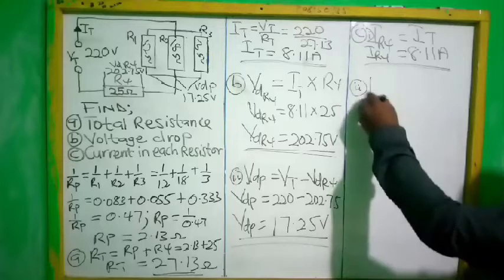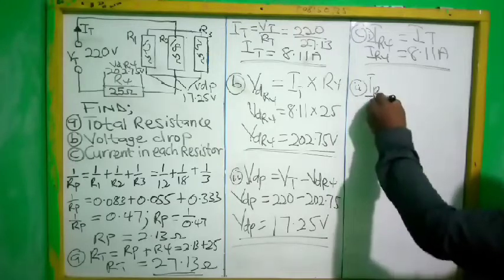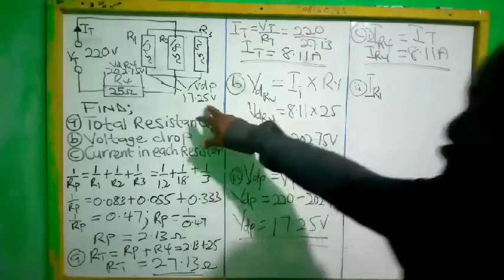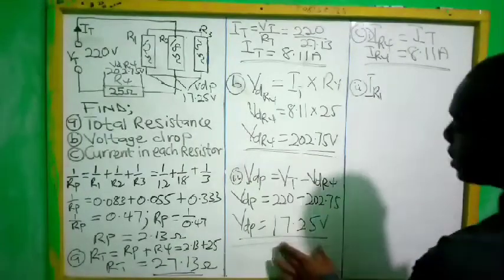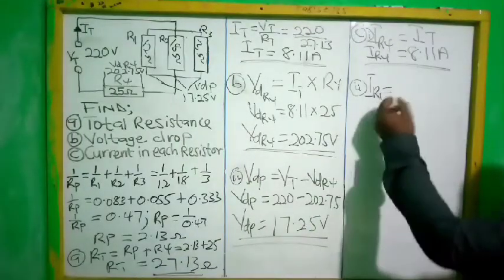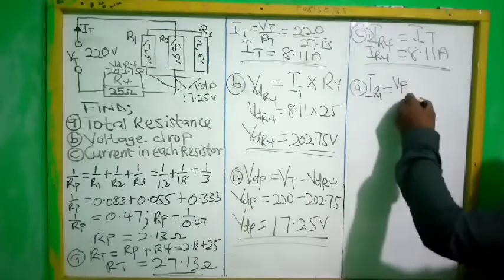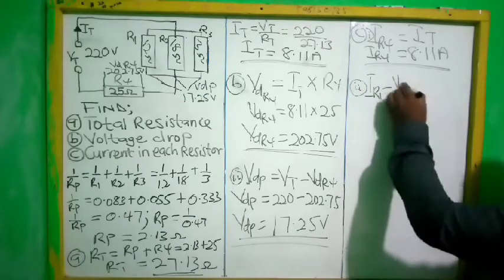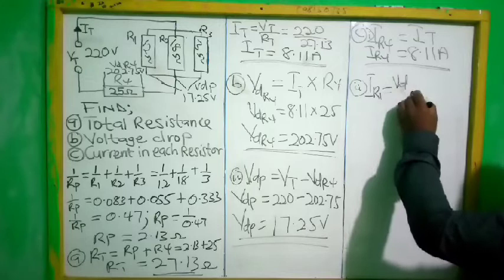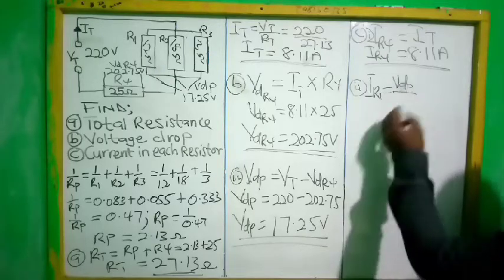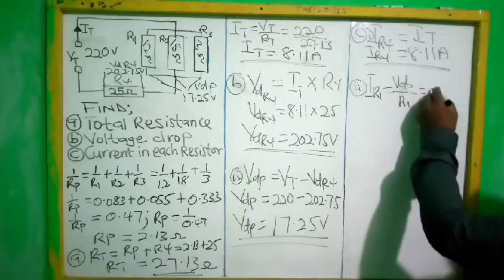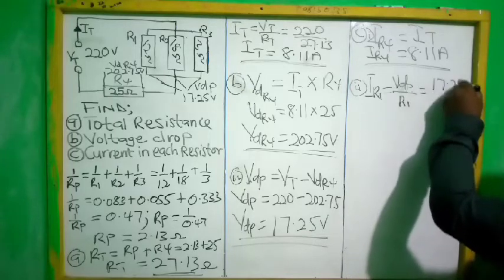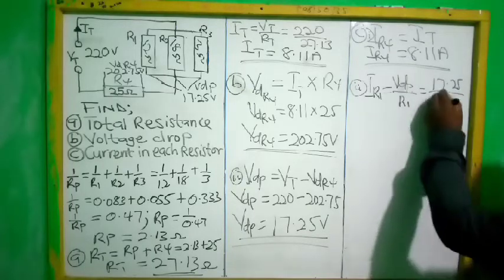So let's find I, the current in R1. This time you use the voltage drop in the parallel circuit. So we say voltage drop in the parallel circuit over R1. The voltage drop is 17.25 over R1, which is 12.